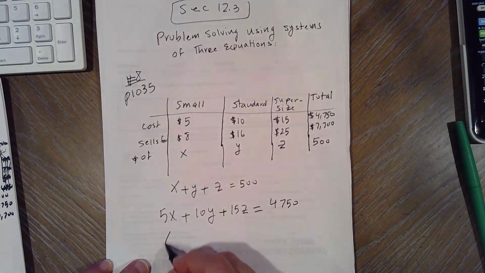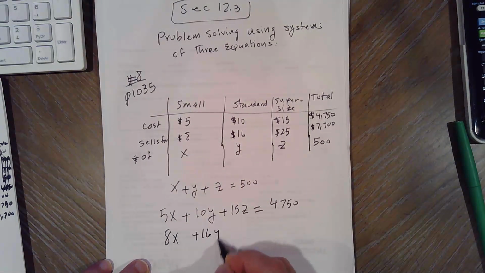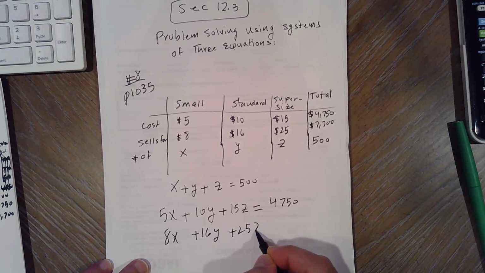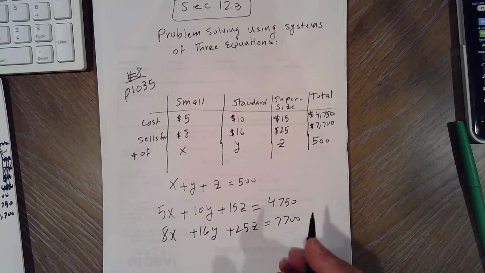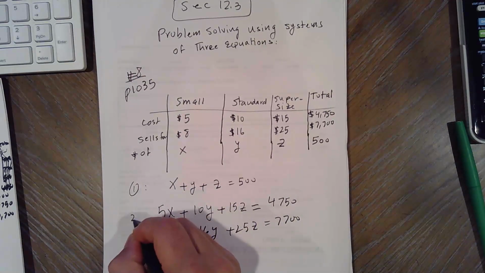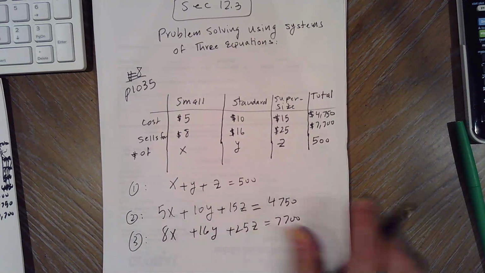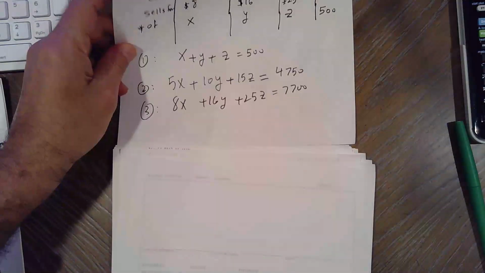Same thing with the revenue: 8x plus 16y plus 25z is $7,700. Let's label them equations 1, 2, and 3. So we're going to solve by elimination.